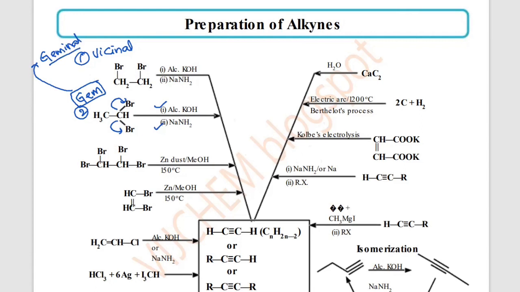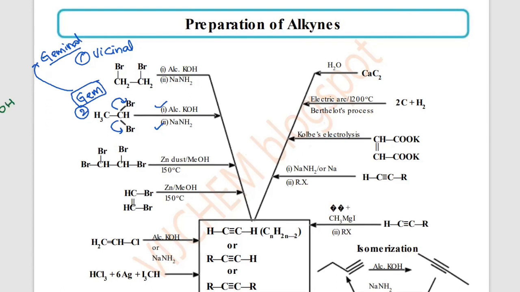The procedure is the same, but there are two bromines here. Let us take these are the two bromines, and this is one hydrogen. In the first step, whatever we have done there, here also we will do the same thing. First step is alcoholic, which shows that it is elimination.